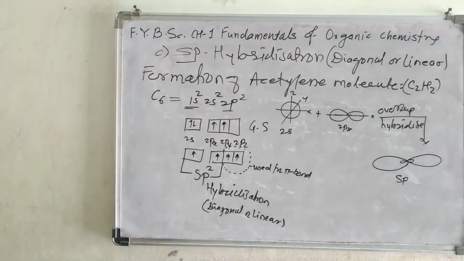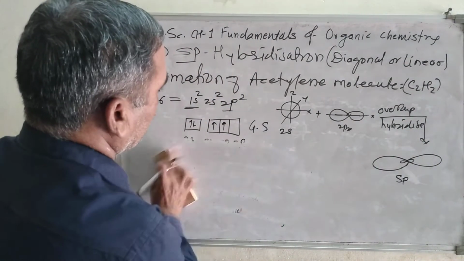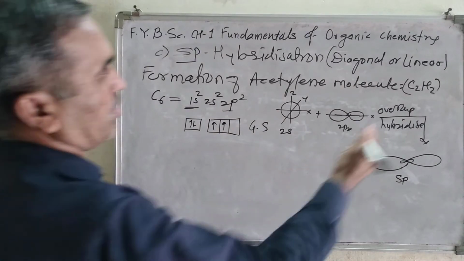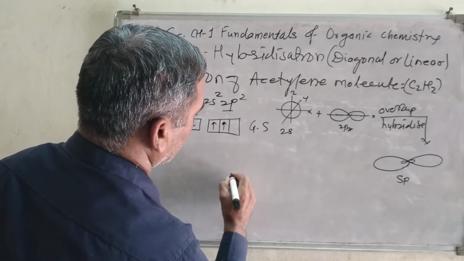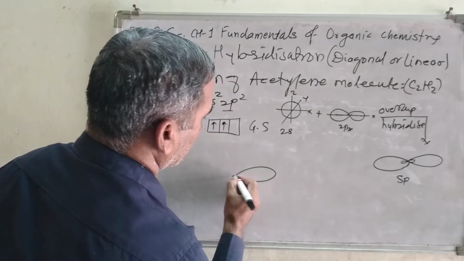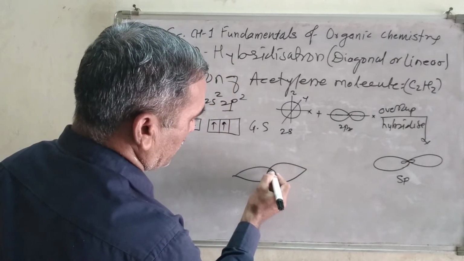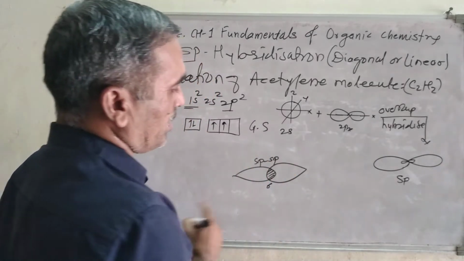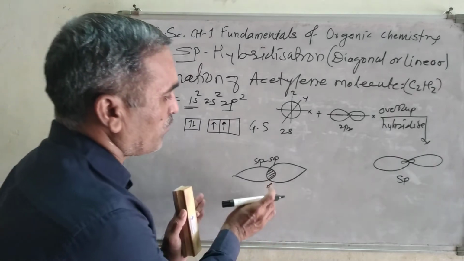Now look here, there are two carbon atoms. Now I am cleaning this board because I want to draw the structure of this molecule. Take one sp hybrid orbital of one carbon atom, and imagine another carbon atom on the other side, both sp hybridized. They undergo coaxial overlapping and form a sigma bond.